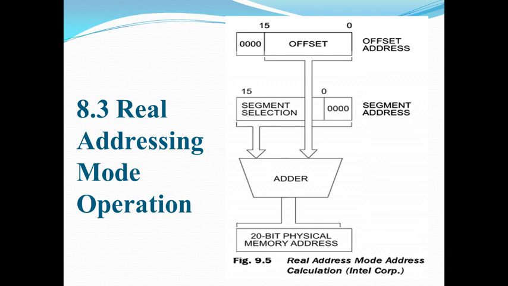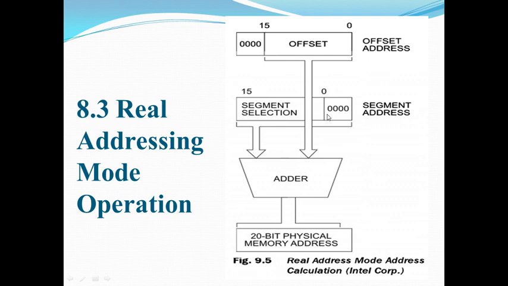Here we have all segment registers with 16 bits and offset registers with 16 bits. Now we multiply the 16-bit segment value by 10 hexadecimal, which adds 4 bits at the LSB, making a complete address of 20 bits, and whatever 16-bit offset value is there is added from the LSB. So this is how the physical address of 8086 is calculated.